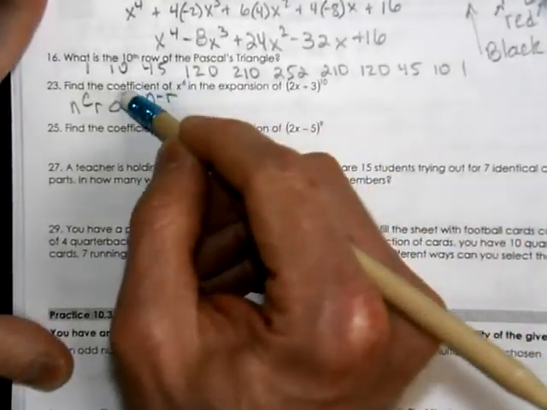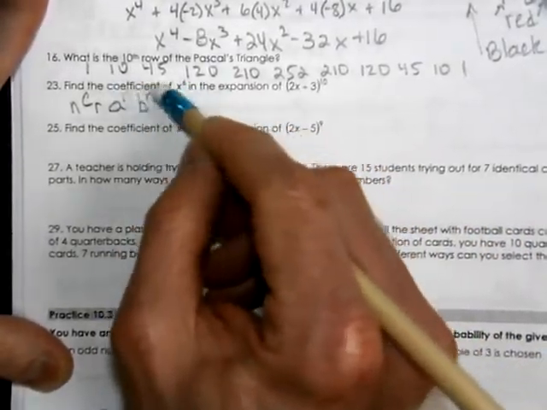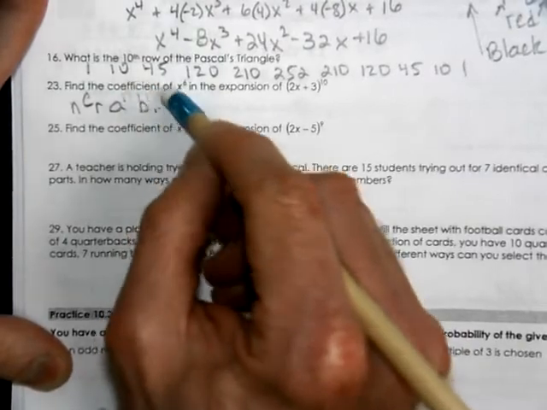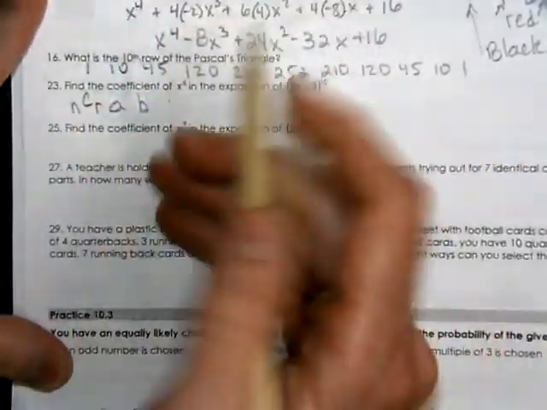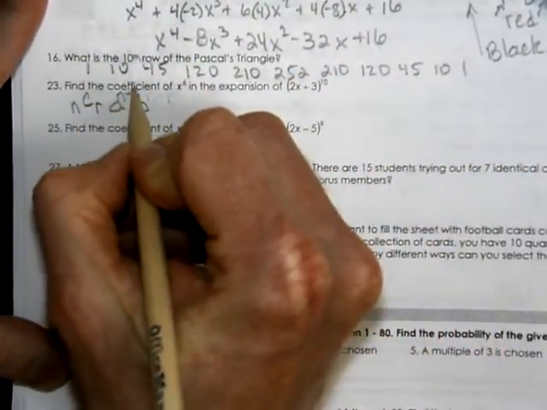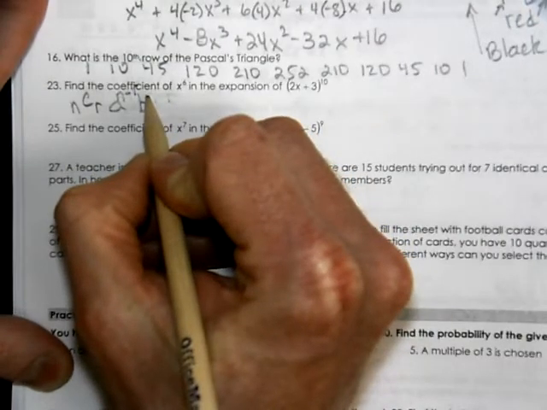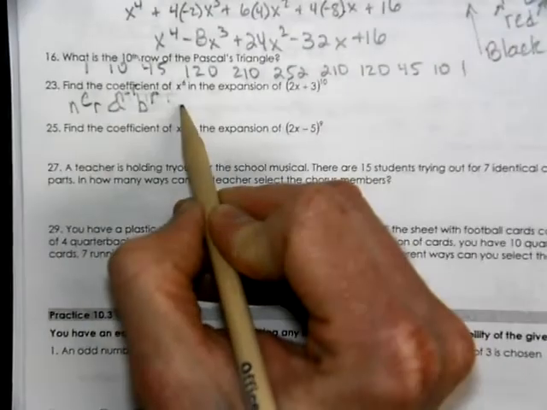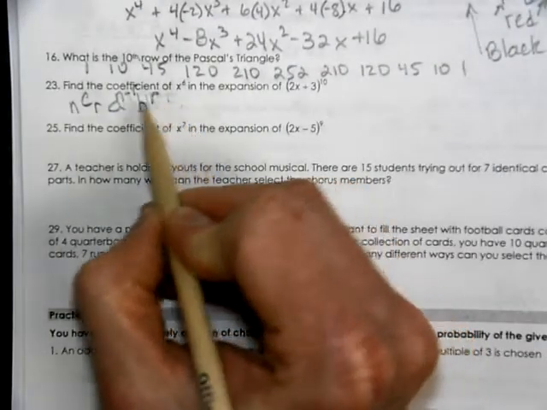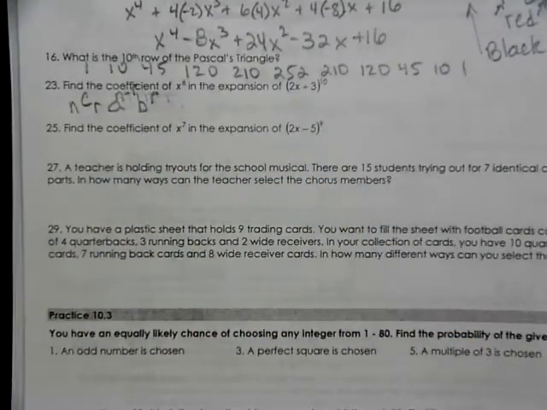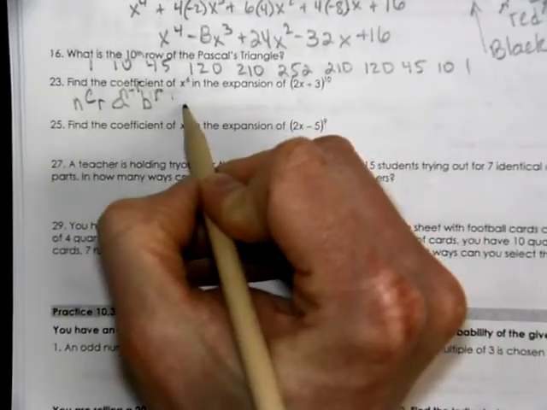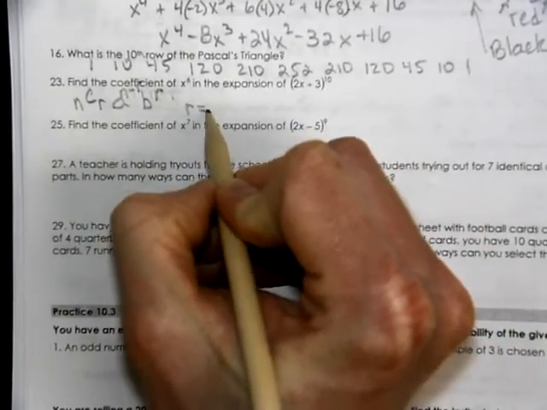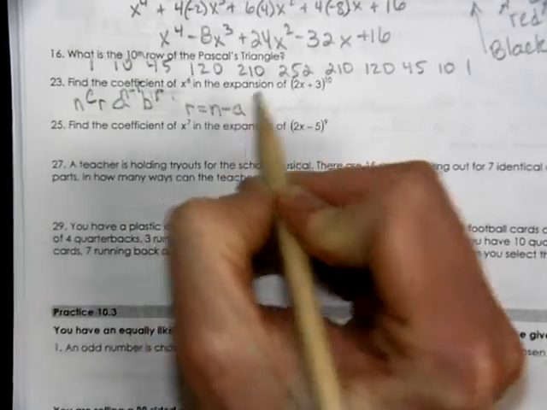Actually, put that in there backwards. N minus r, this is the r. So, to calculate our values, the r value equals n minus the a.